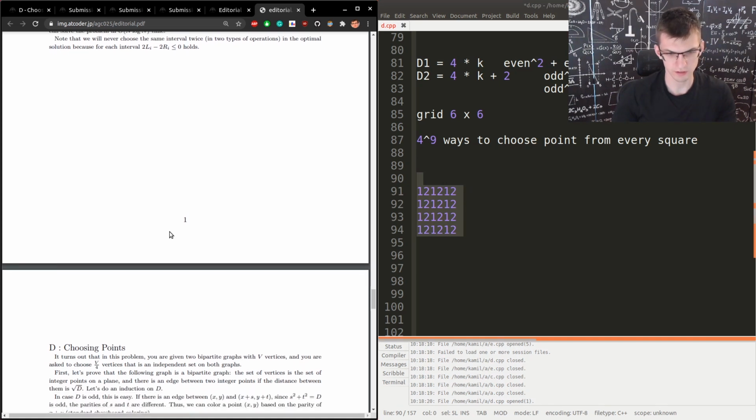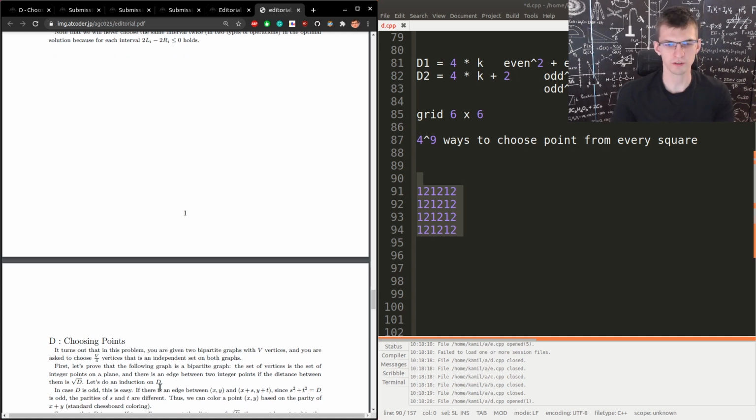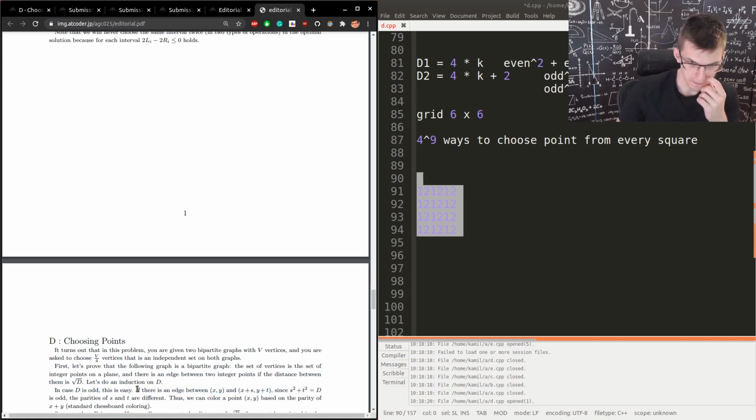In case D is odd, this is easy. Oh, we need to focus on the single D. Yeah, I focused on the single D. If D is odd, okay, standard chessboard coloring.